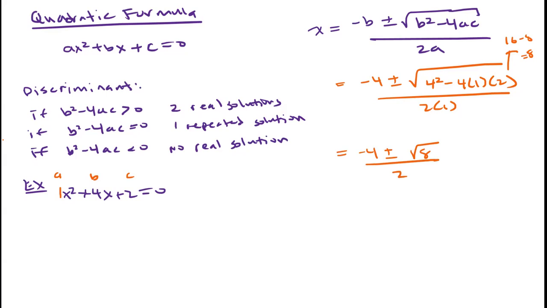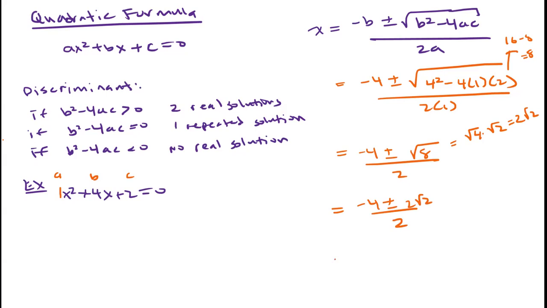Then I can break this radical 8 down into 4 and 2. So this is radical 4 times radical 2, which is equal to 2 radical 2. So then I'll have negative 4 plus minus 2 radical 2 divided by 2.